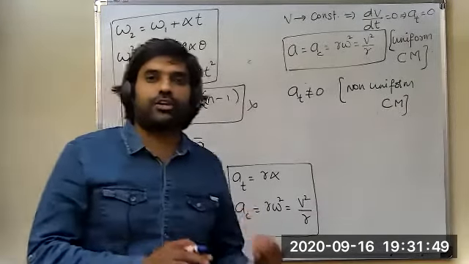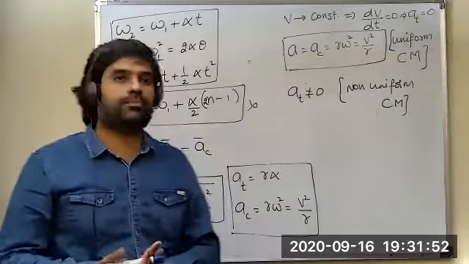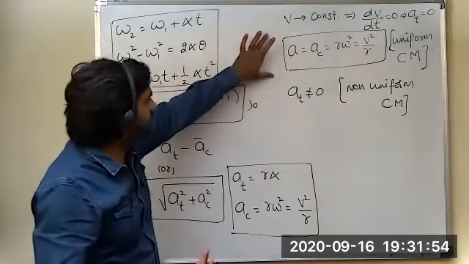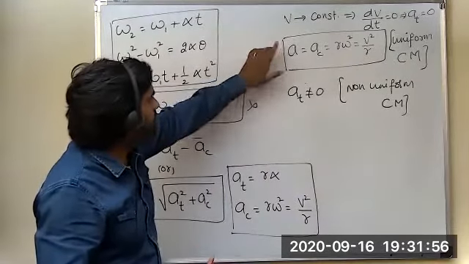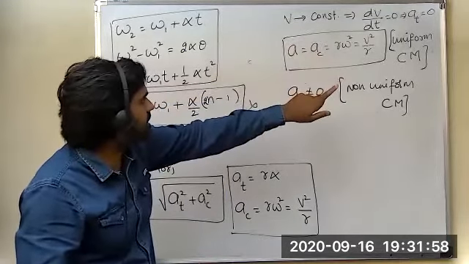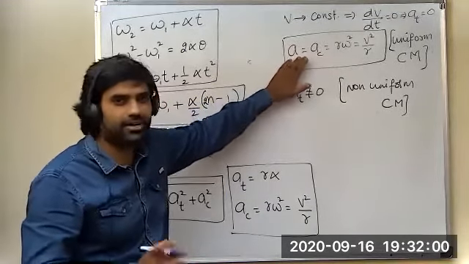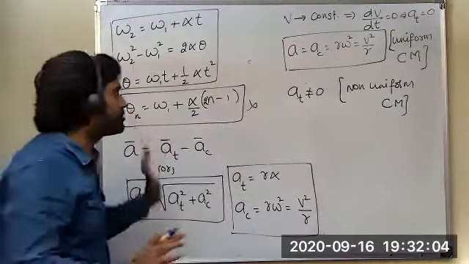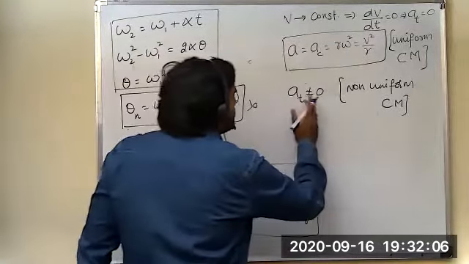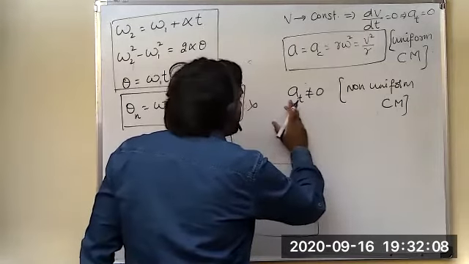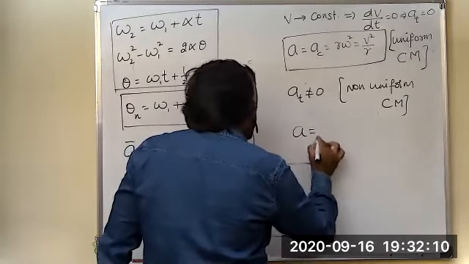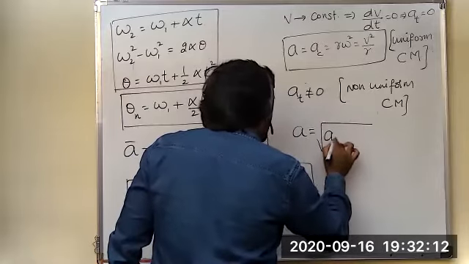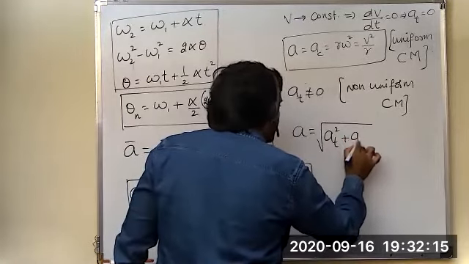Therefore, how do you define uniform and non-uniform circular motion? In uniform circular motion, tangential acceleration will be 0. Only centripetal acceleration will act, that too toward the center. Whereas in non-uniform circular motion, tangential acceleration is not 0, and net acceleration is written as under root of AT square plus AC square.